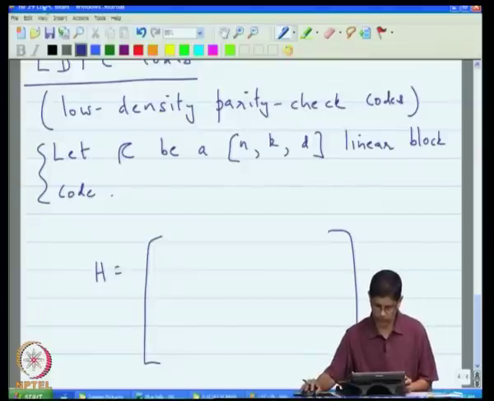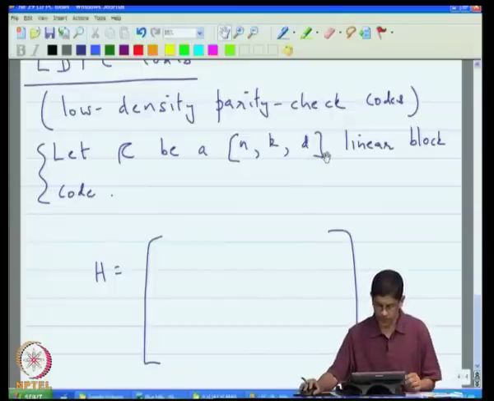So as you all know by now, this is the block length, this is the dimension, and that is the minimum distance. Now typically when n is long, you are really interested in codes where k is some fixed fraction of n, and similarly d.